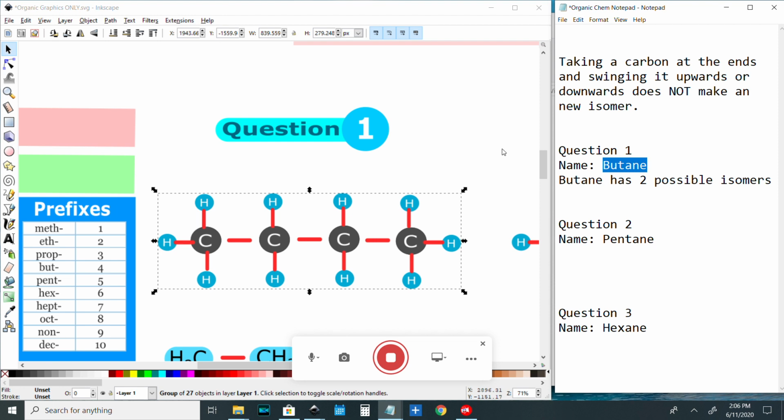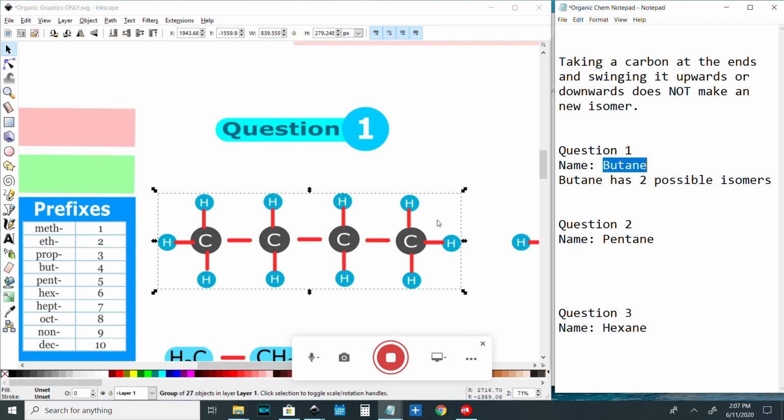Now, how about we take the C's and the H's and rearrange them? The keyword is rearrange, meaning that we are not adding any extra C's or any extra H's. So we're not adding any extra carbons or hydrogens.